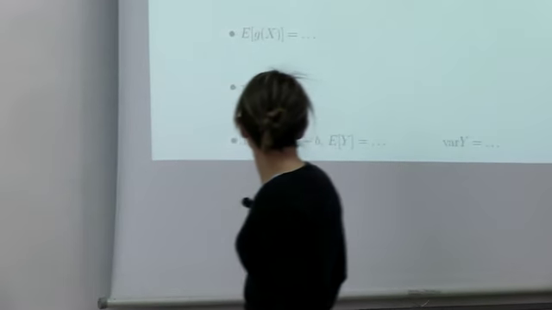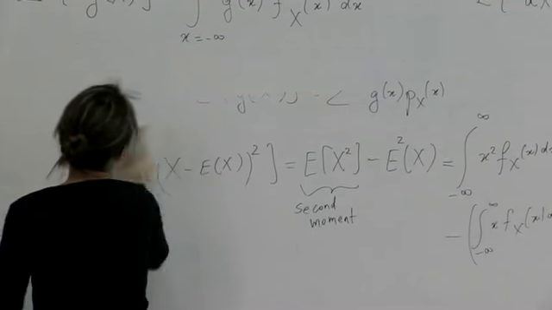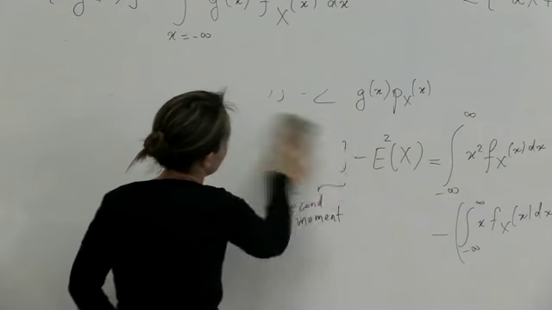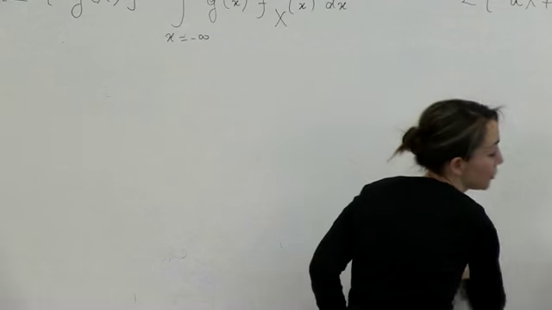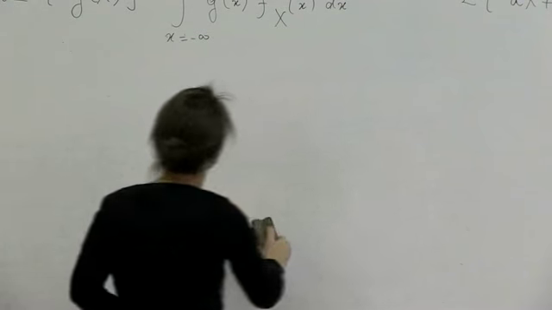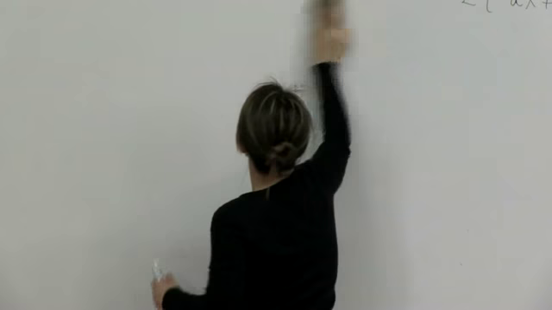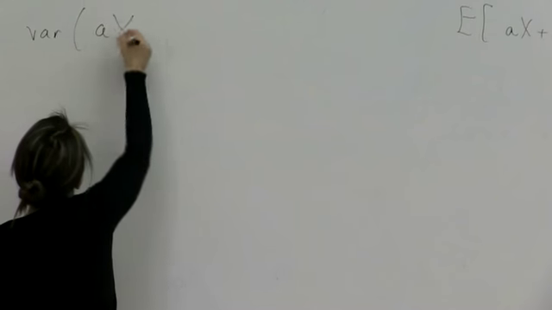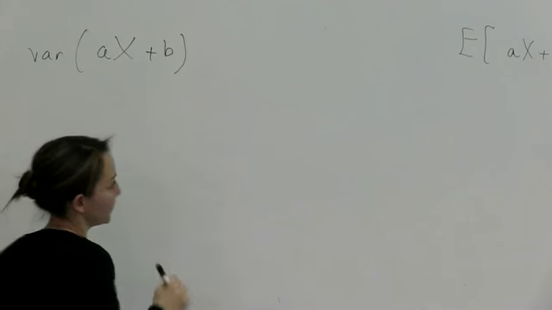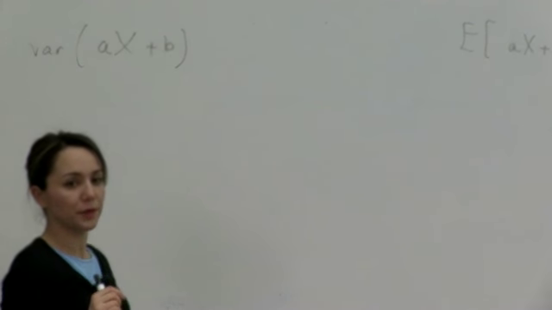All right, we already saw that variance is not linear in general. So let's see what happens when we want to compute the variance of aX plus b.